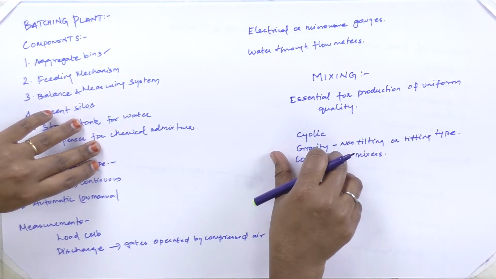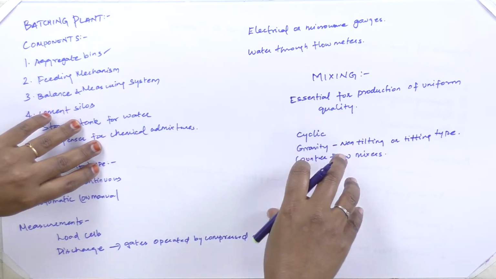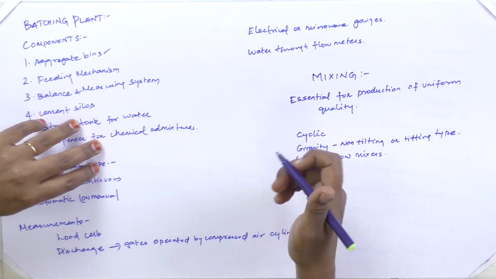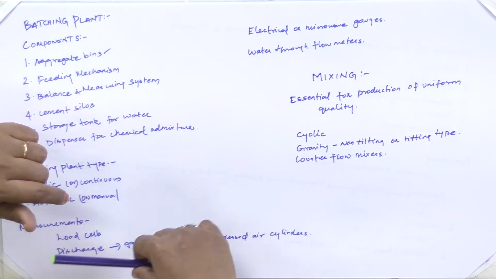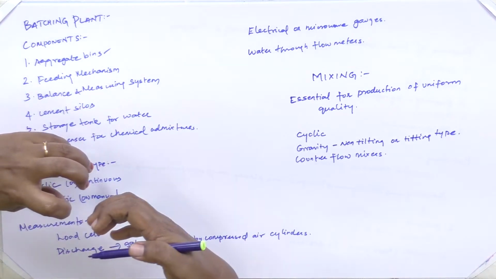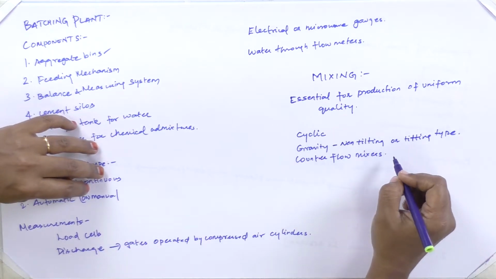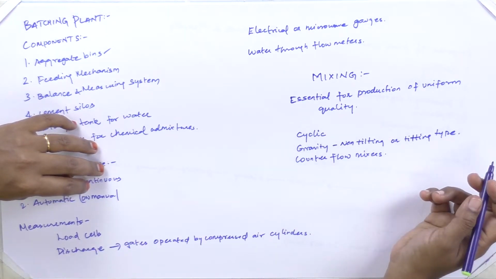This gravity mixer will cause some movements using the baffles within the mixer drum, and they will be able to achieve the proper mixing, and it can be of either non-tilting or tilting type.